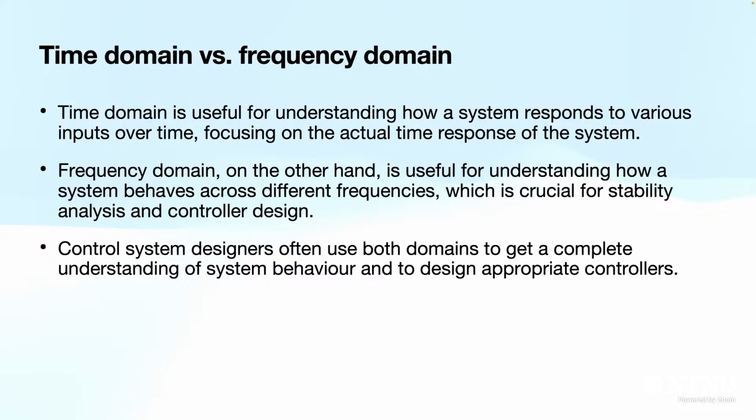But the frequency domain, on the other hand, is useful for understanding how a system behaves across different frequencies, which is very important, because those frequencies could change from time to time. So it's important to check the system performance against a different range of frequencies, and it's important for stability analysis and controller design. I need to ensure that my system will be stable at different frequencies.